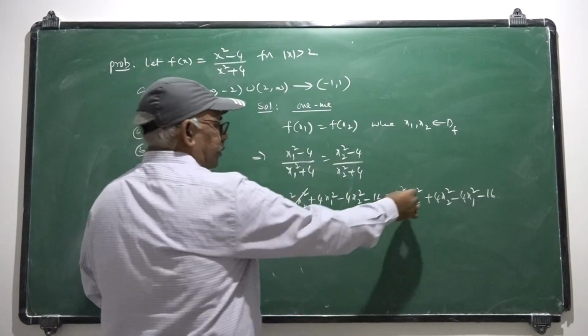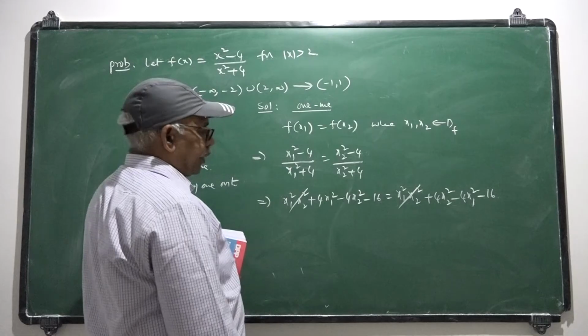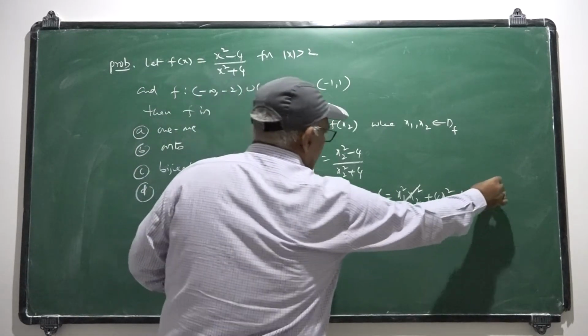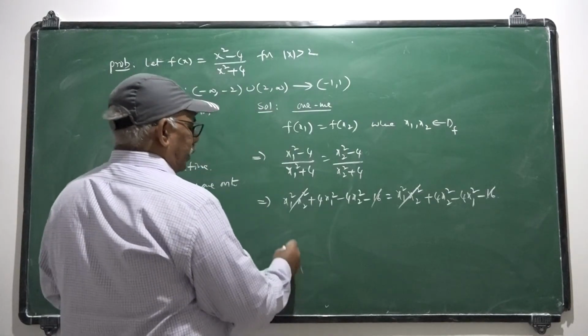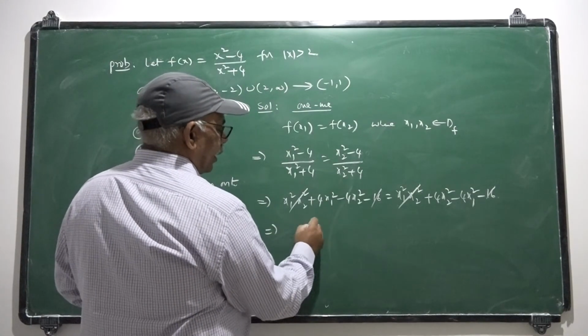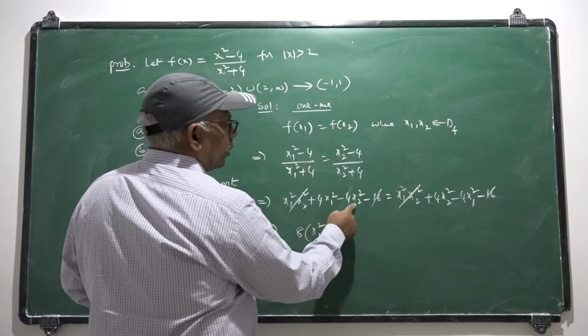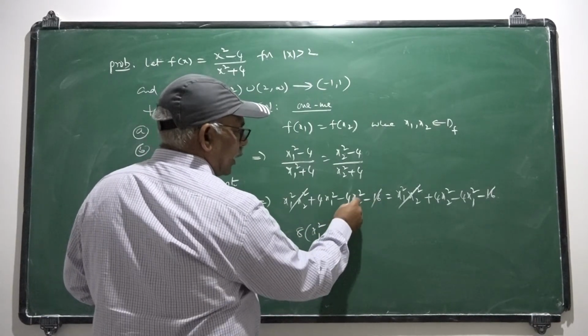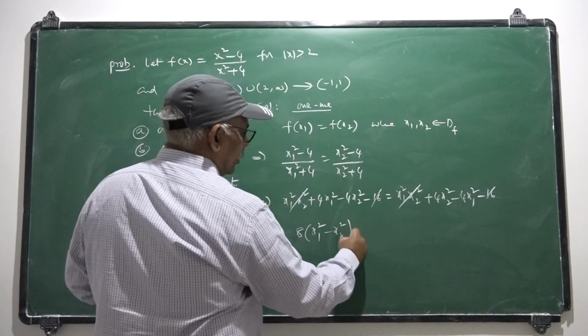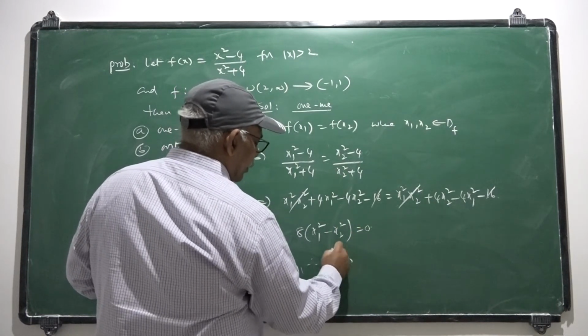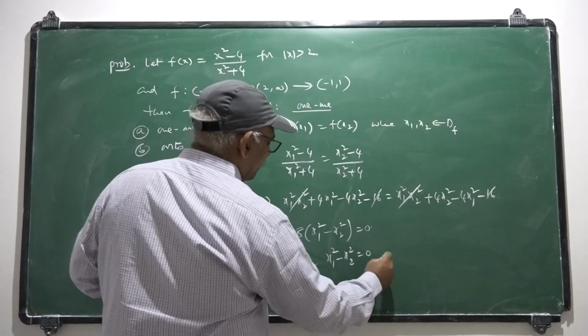So in such case you can remove this x1 square x2 square and minus 16 plus 16 can be removed. Therefore, collecting x1 terms we get 8x1 square, collecting x2 terms we get minus 8x2 square equal to 0. So (x1 minus x2)(x1 plus x2) is 0.